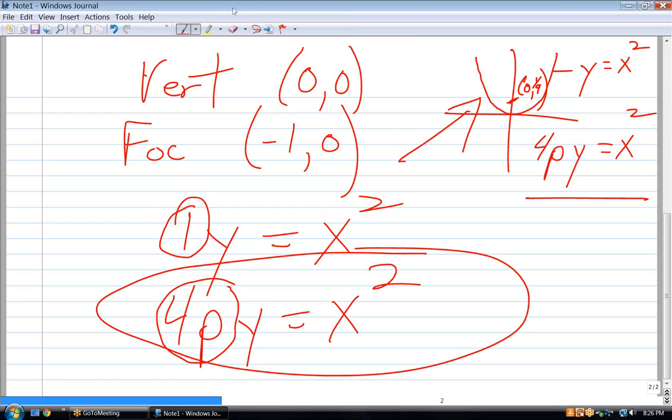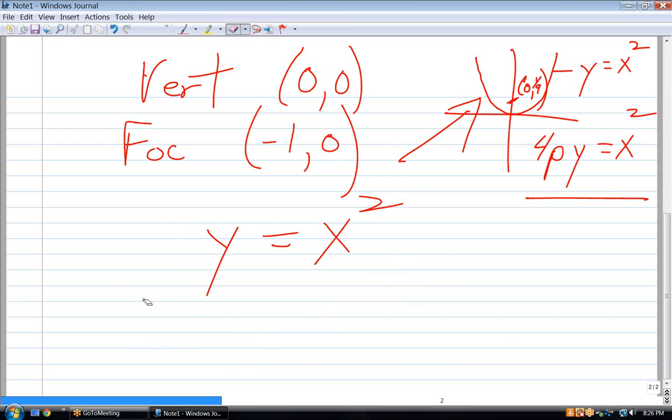Okay. Let me give you another problem. Solve for p, if 8y equals x squared. What would 4p equal?